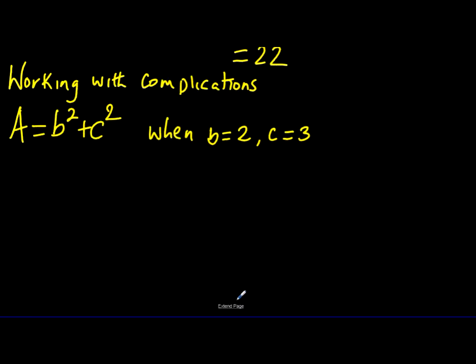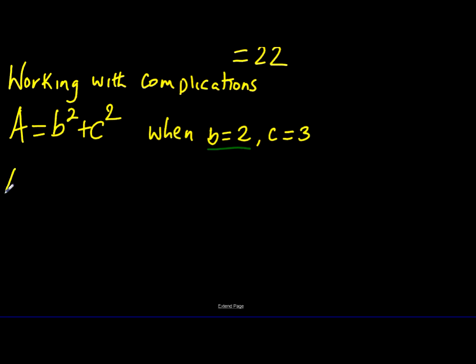So the first thing we need to do is identify where our 2 is going to be living, where our 3 is going to be living, and we can evaluate that expression. So the first thing to notice is that our b equals 2 will be going into this side here where the b lives, and the c equals 3 is going to be going into this space where the c lives.